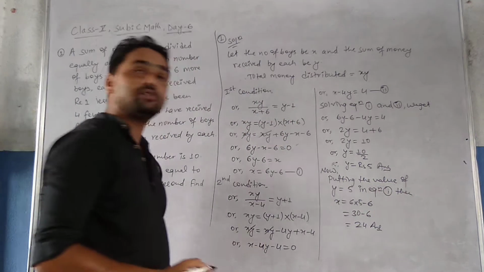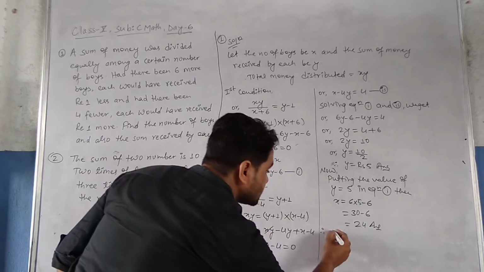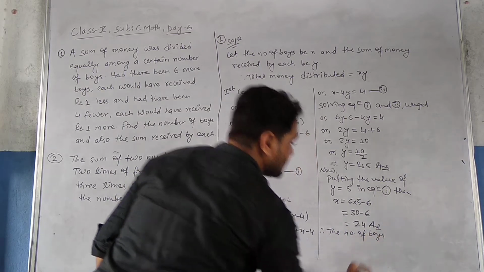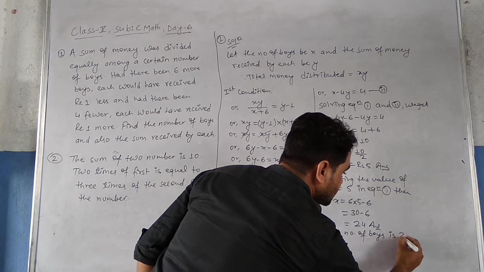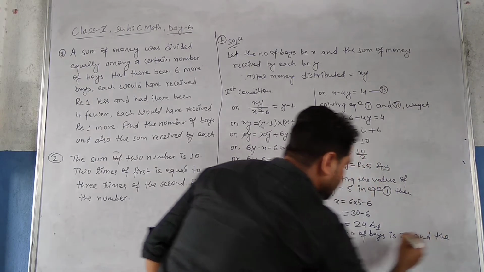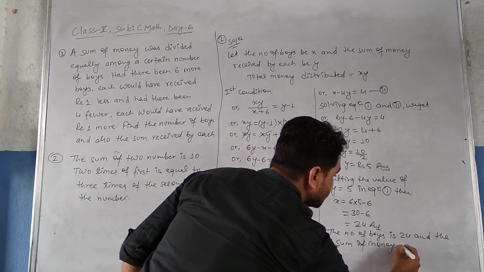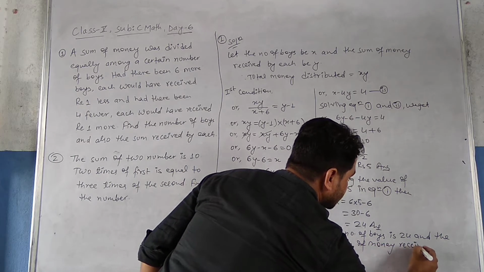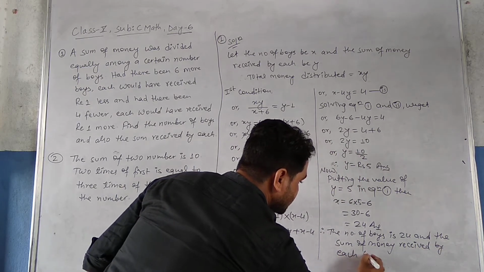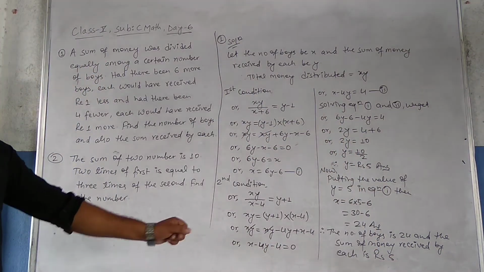And lastly we have to write the conclusion: therefore, the number of boys is 24, and the sum of money received by each is RS 5. This is question number first.